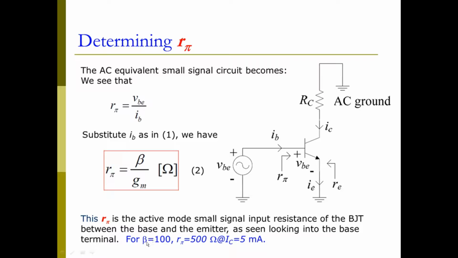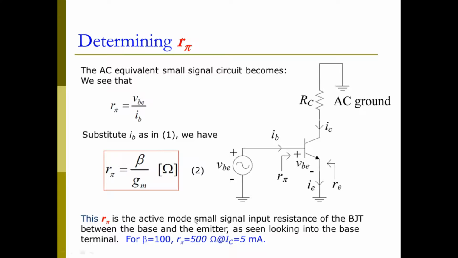For example, for beta equals 100, a typical value for a BJT, rπ will probably equal about 500 ohms when IC equals 5 milliamps. Now remember, this IC will change the gm value, since the transconductance equals IC divided by VT.